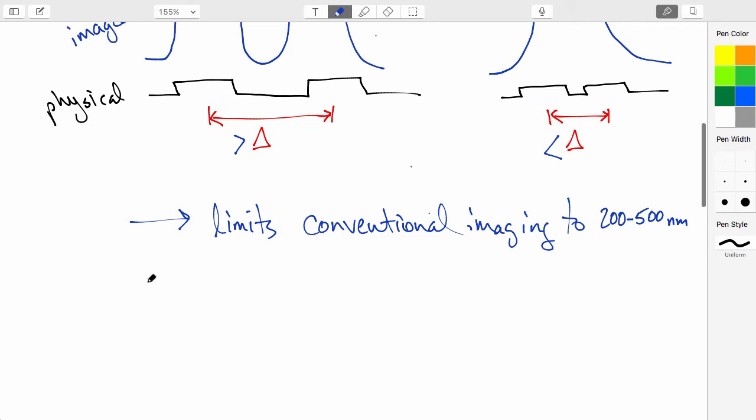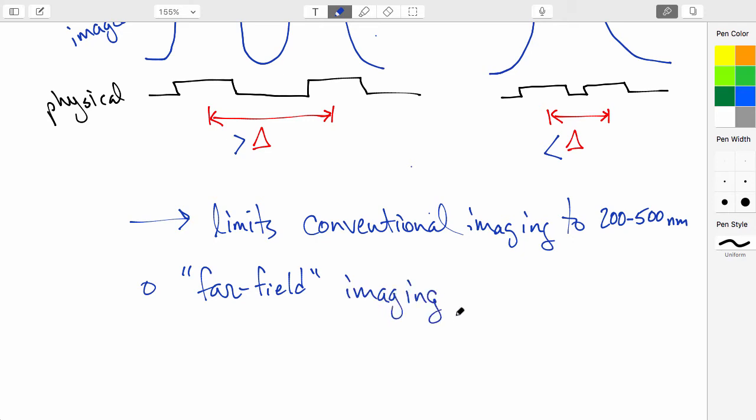All right, and this is all called far-field imaging, because lenses are used to take the image of the surface or of the scene and in a way relay it onto a detector that is far away from the surface.